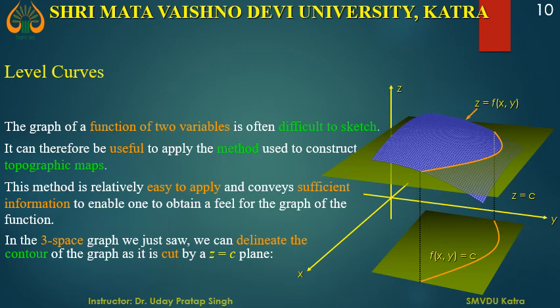For example, suppose this z, this one, that is the blue colored surface, this is z equal to f of xy, right? This is a surface, right?